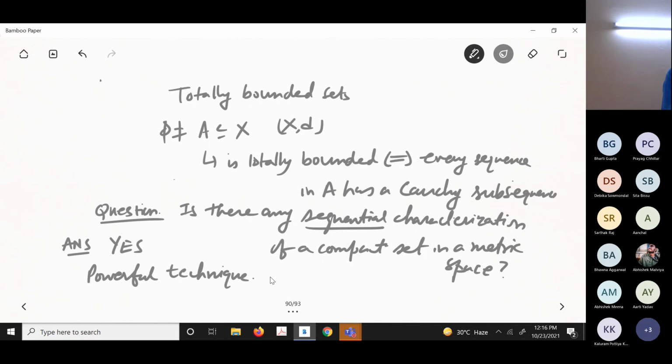In fact, Heine-Borel theorem these days people prove by using this sequential characterization. But that is not an elementary proof of the Heine-Borel theorem, because to prove the sequential characterization we need to do a lot of things. But if you use Heine-Borel theorem, it becomes simpler. Anyway, sequential characterization is a powerful technique.